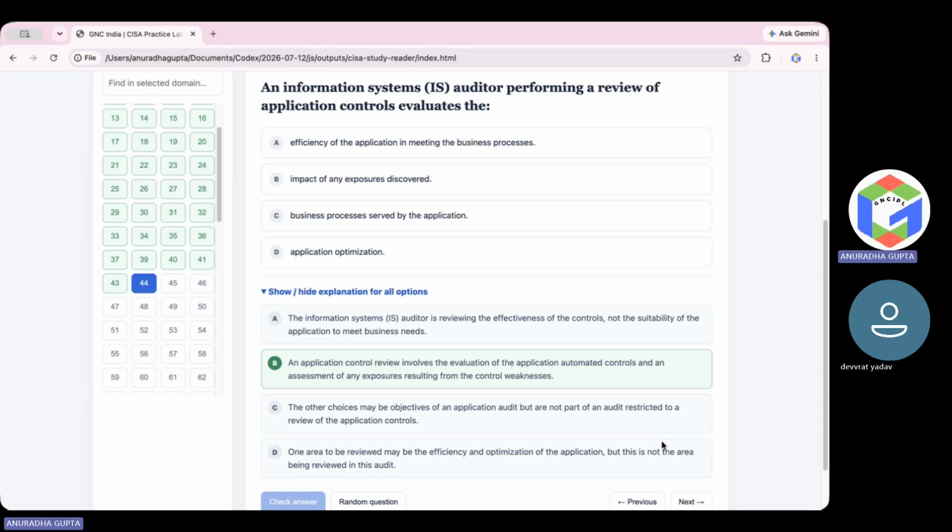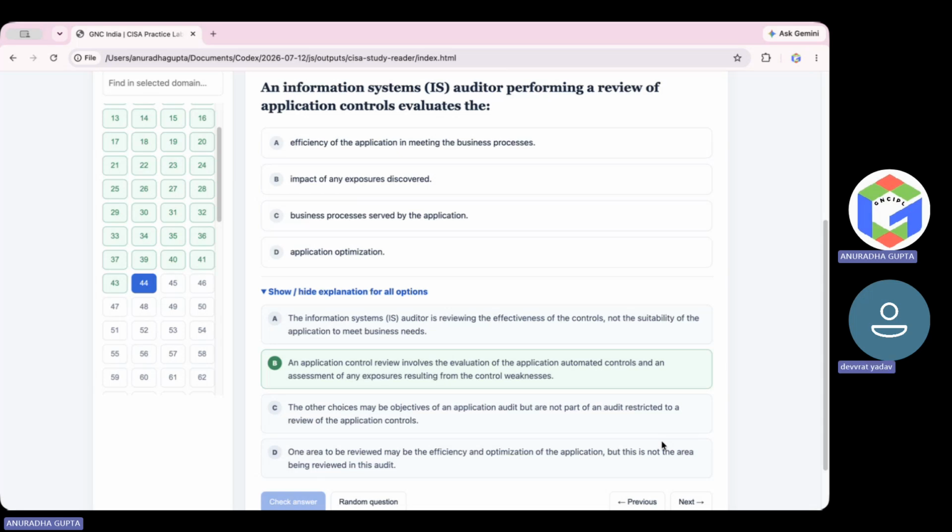See, the business need is like achieving a certain goal, right? To achieve a certain goal, it's a very complex process, a business requirement. In order to achieve that goal, there are hundreds of applications running. Their combined efforts will push the organization to achieve the business goal.